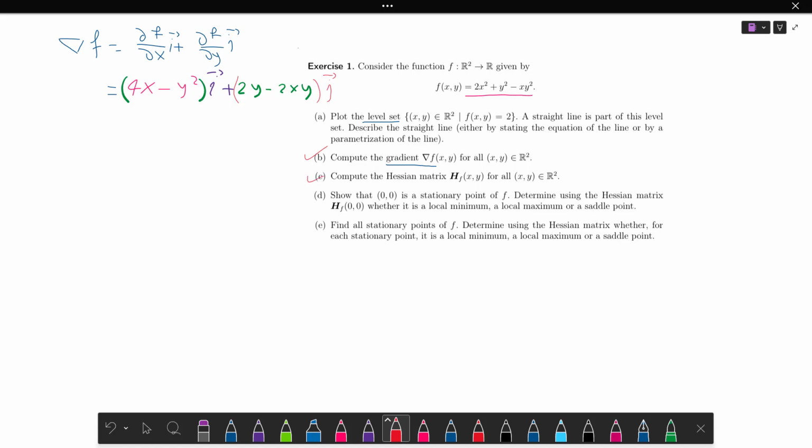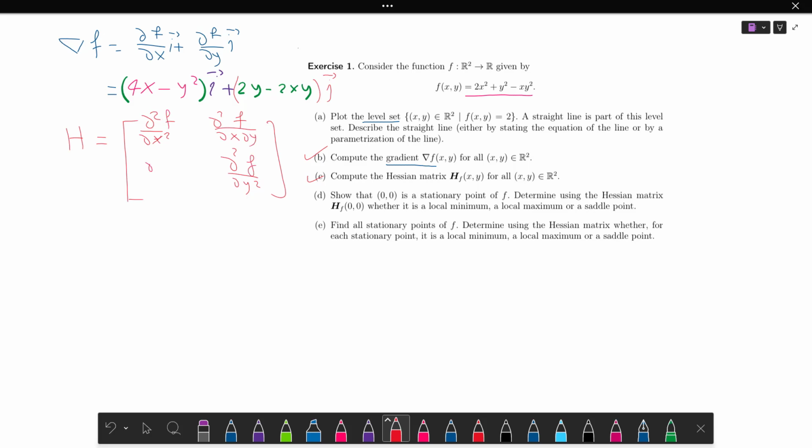Now let's go for the Hessian matrix. What is the Hessian matrix? H. Do you remember? This is a matrix, right? Don't worry. Partial square by partial x square here, partial square by partial y square here, and the mixed partials here if you have f. So it is easy to write, straightforward.